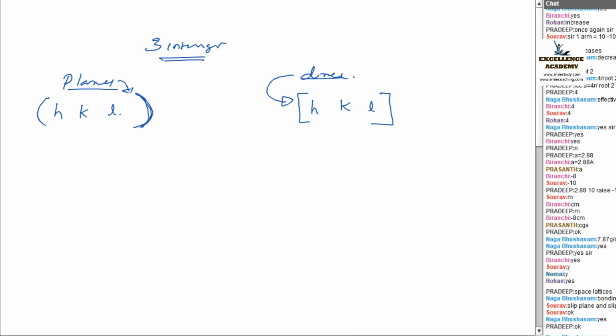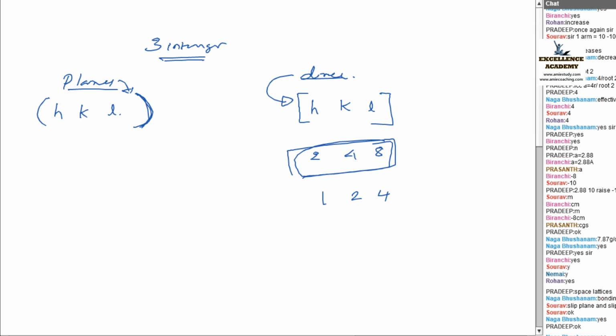Okay. Next, if it is a higher value, say 2, 4, 8, how can you simplify this one? 1, 2, 4. Can I do like that? Yes.